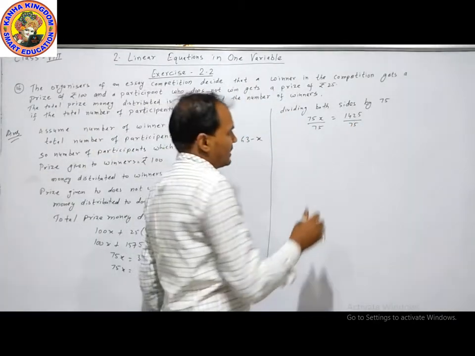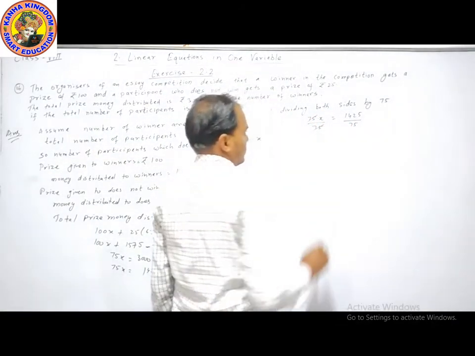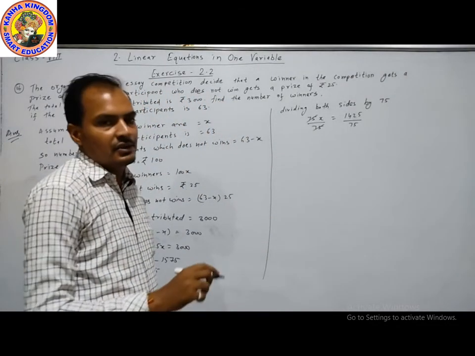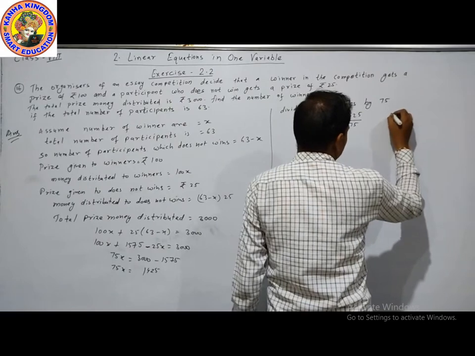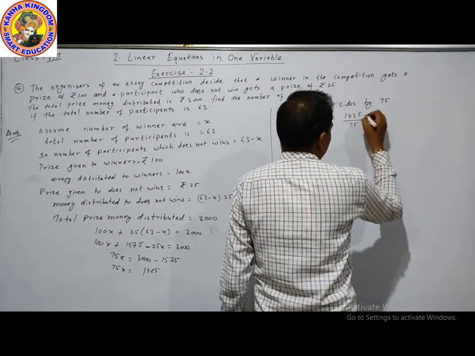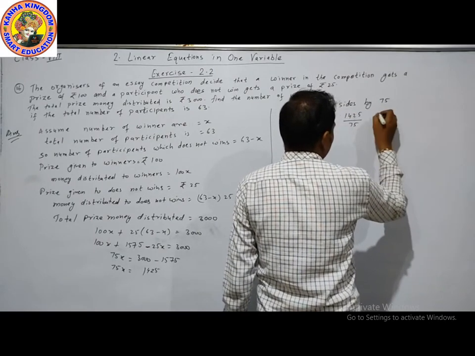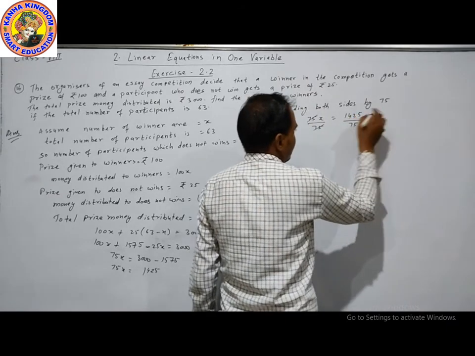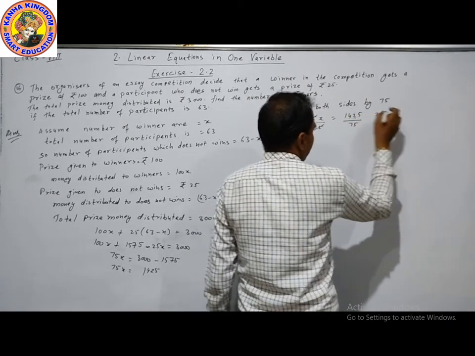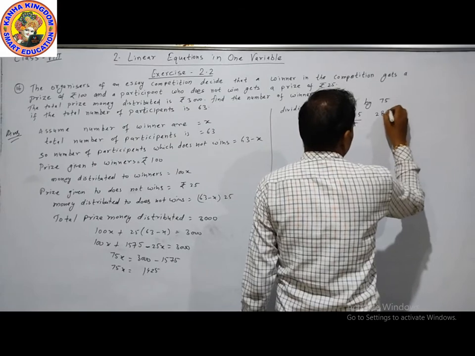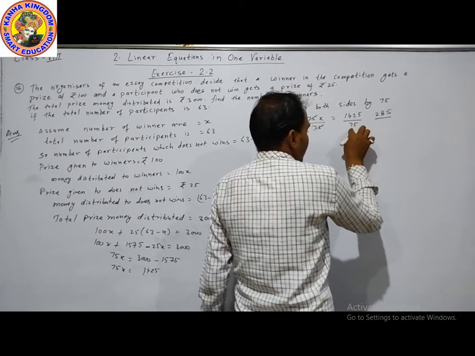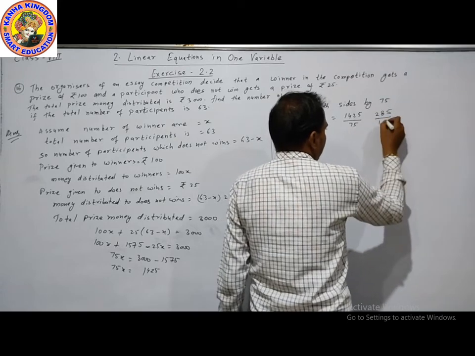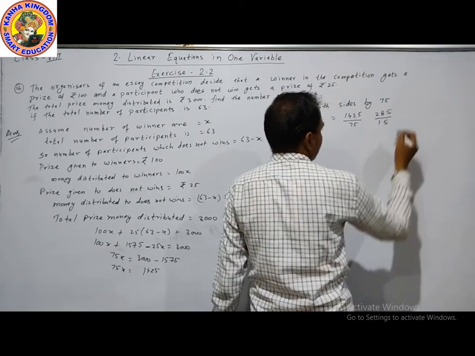Here 75 and 75 will cancel out. In this we can cut by 5, dividing by 5.